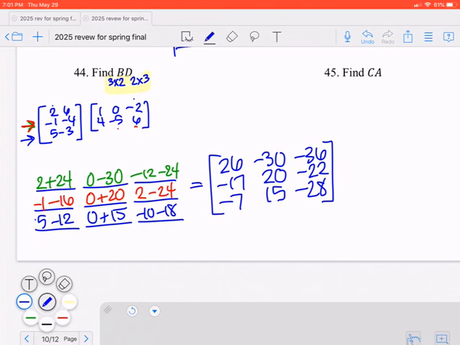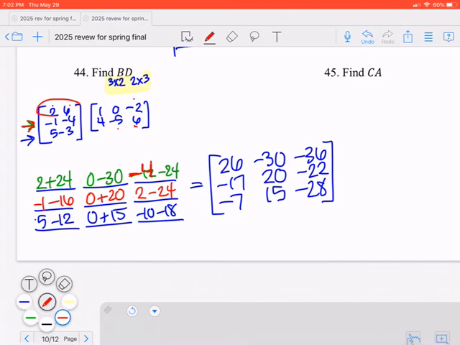It would have been first row, last column. 2 times negative 2 is negative 4. 6 times 6, no. What am I doing? Yeah, I just did something totally wrong on that one, didn't I?